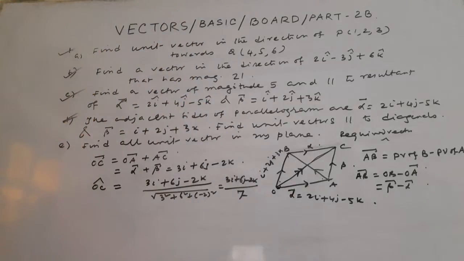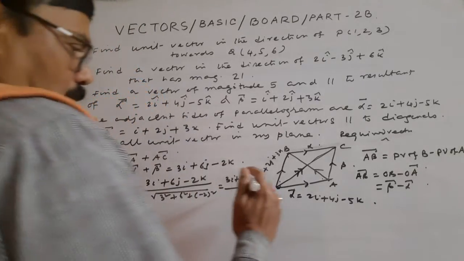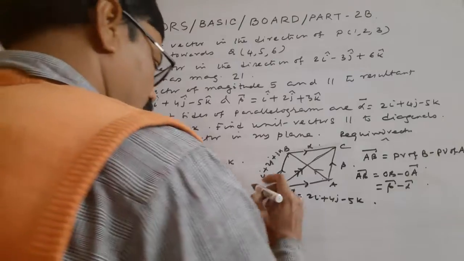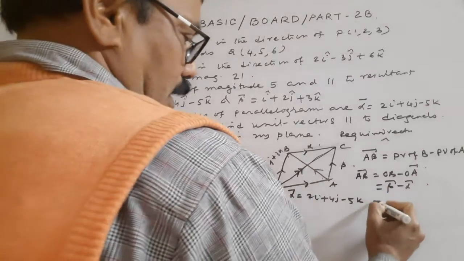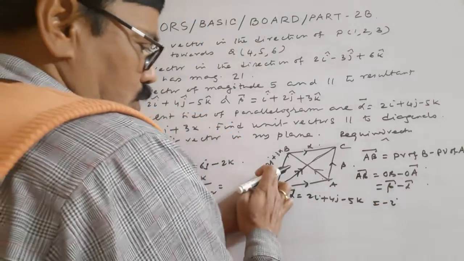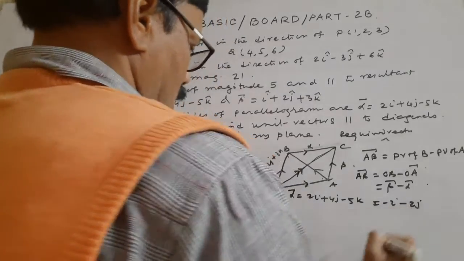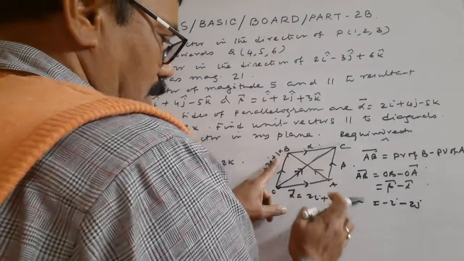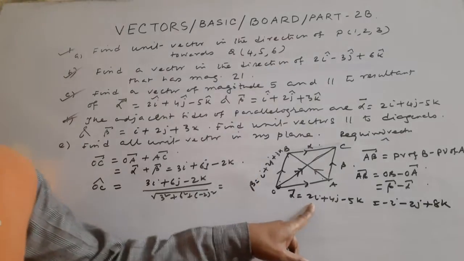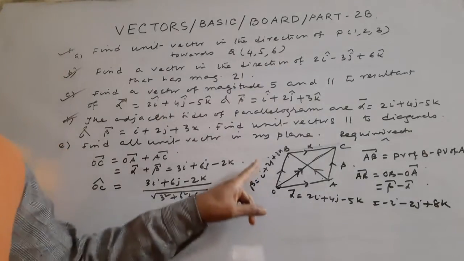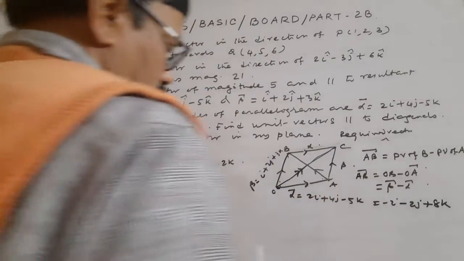So beta is i plus 2j plus 3k, and this one is alpha. So i minus 2i, this is minus i. 2j minus 4j, so this is minus 2j. 3k minus, minus, plus, so this is 8k. So listen again: i minus 2i is minus i, 2j minus 4j is minus 2j, 3k plus 5k is 8k.